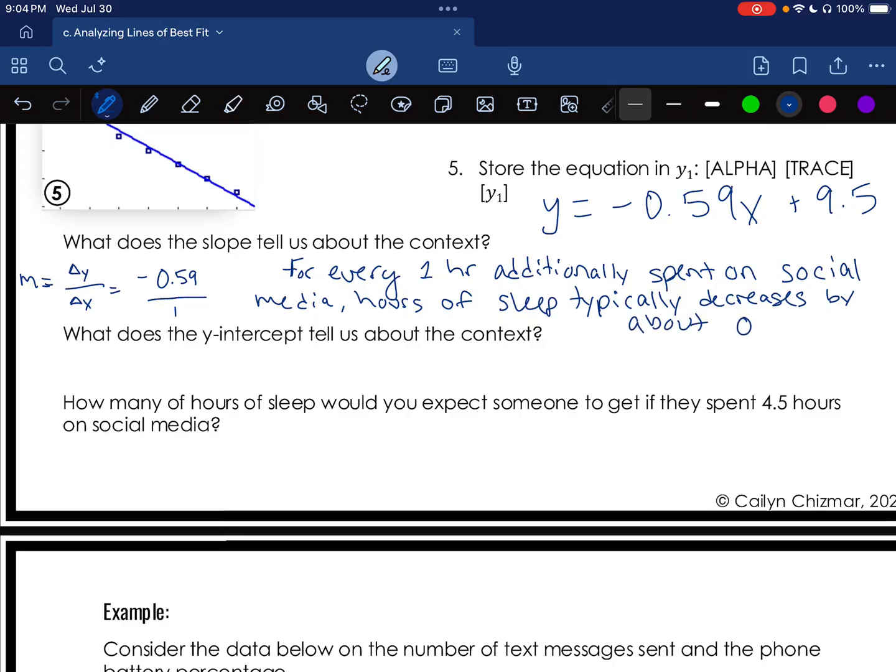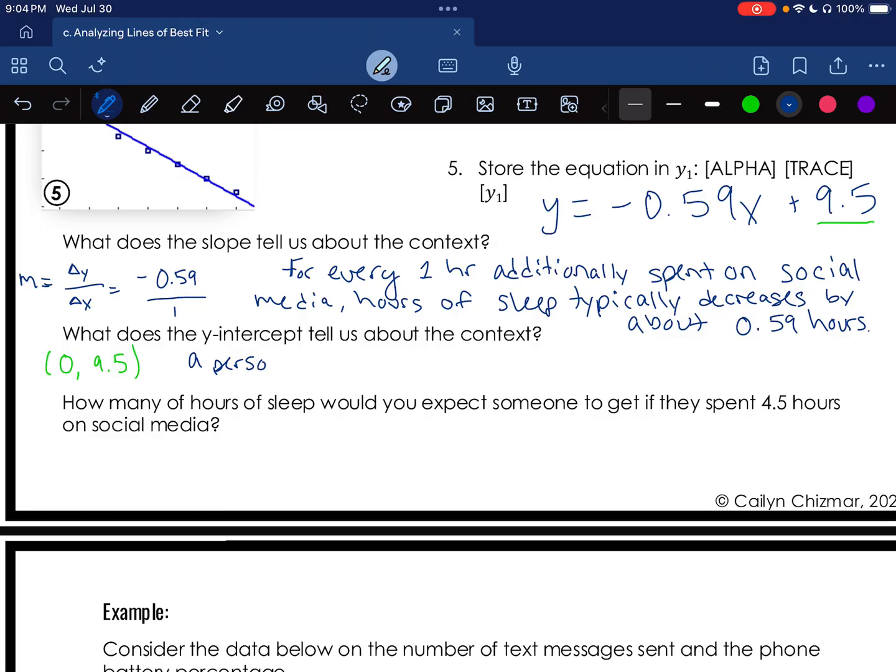So that's telling us a person who spends about 0 hours on social media sleeps about 9.5 hours.